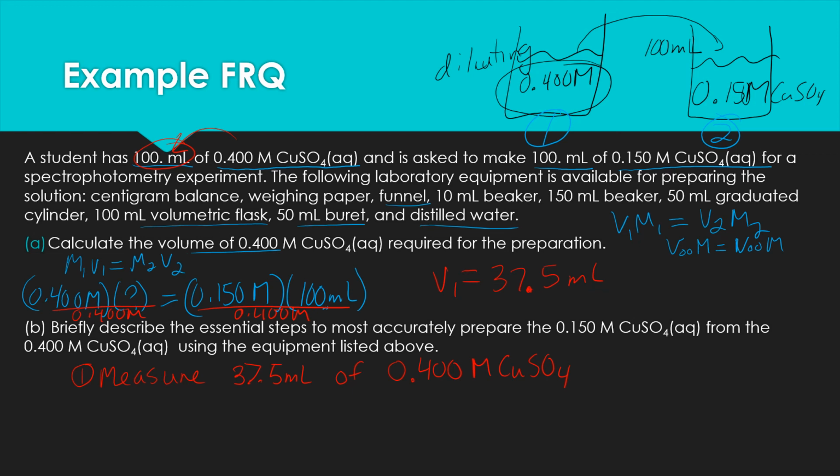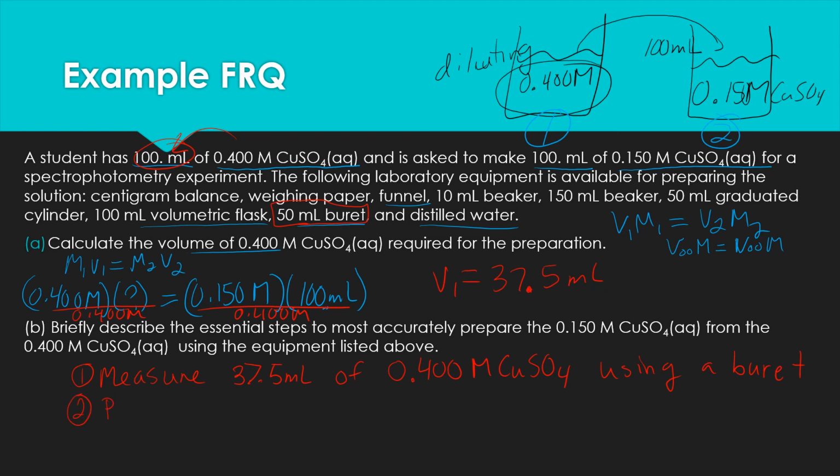We're going to measure it using a burette, because if we look at all of our options for measuring things, we've got beakers, which are terrible to measure with. We've got a graduated cylinder, which is better. And then we have a burette. We don't have any pipettes, so we're going to use that burette. That's our most accurate.